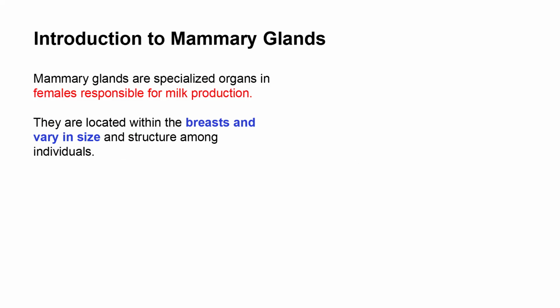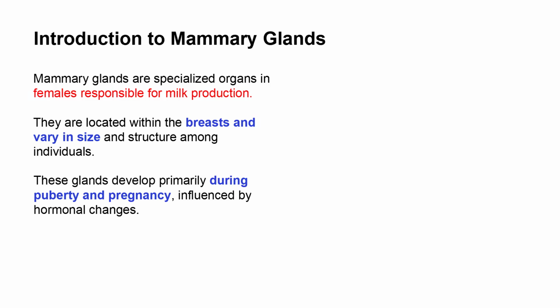The size, shape, and structure of the mammary gland vary from one female to another. And very importantly, the mammary glands are developed primarily during puberty and pregnancy.